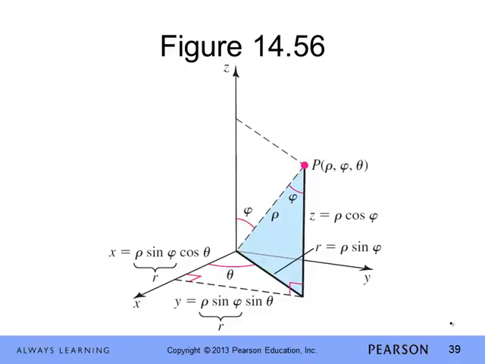And then tangent of y over x is going to be theta, that sort of thing. So you can just use your trigonometry skills to get from rectangular to spherical, to get your phi and theta angles.